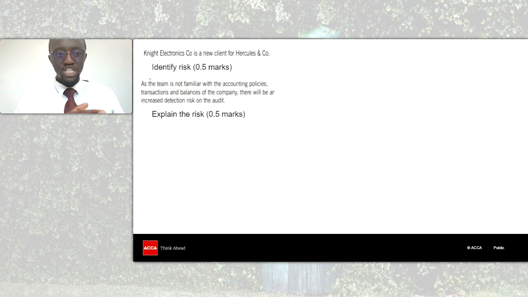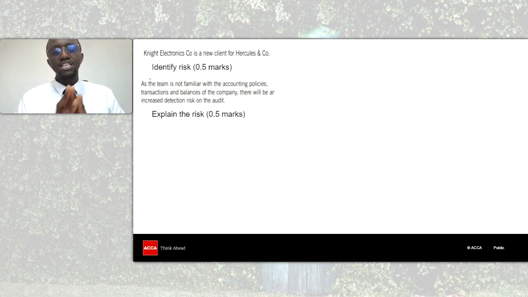Because the word since will force you to explain. It will say there's a risk of receivables being overstated since, and then you'll have to explain: the receivables might not be recoverable. All right, so you see, you're forced to explain. If you only just say receivables or there's a detection risk, you've not necessarily explained why you think there's a detection risk.